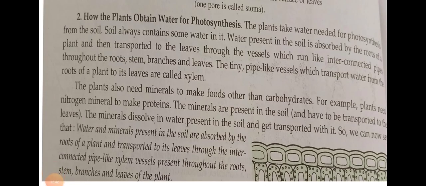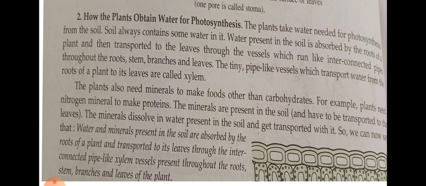Now, next is how plants obtain water for the photosynthesis process. Plants take the water needed for photosynthesis from the soil. Soil also contains some water.